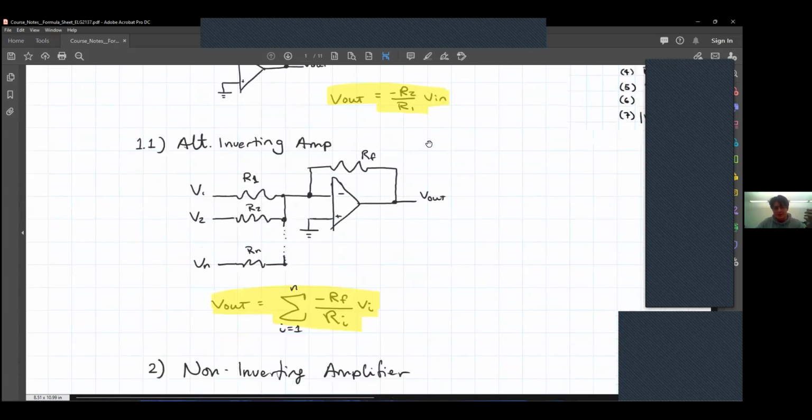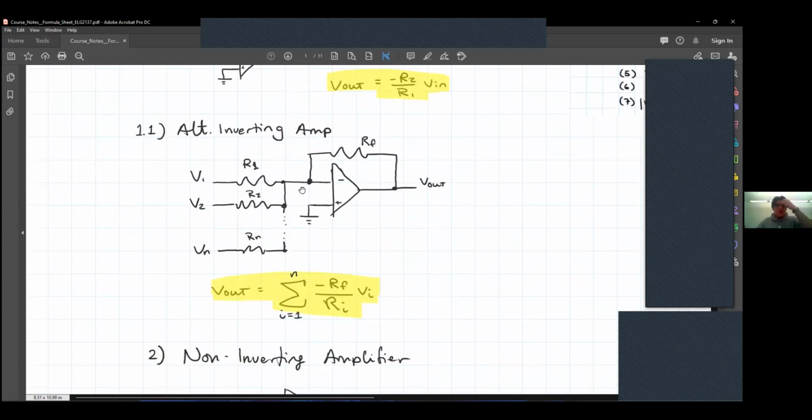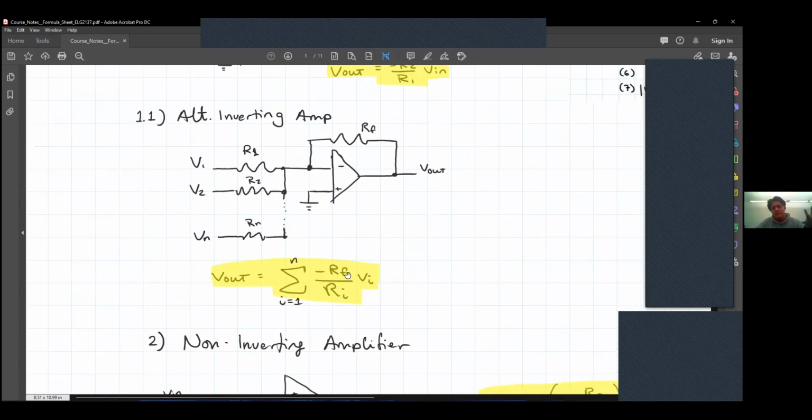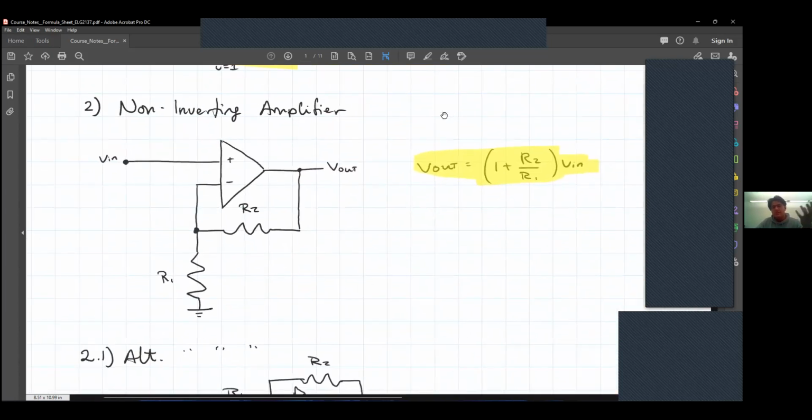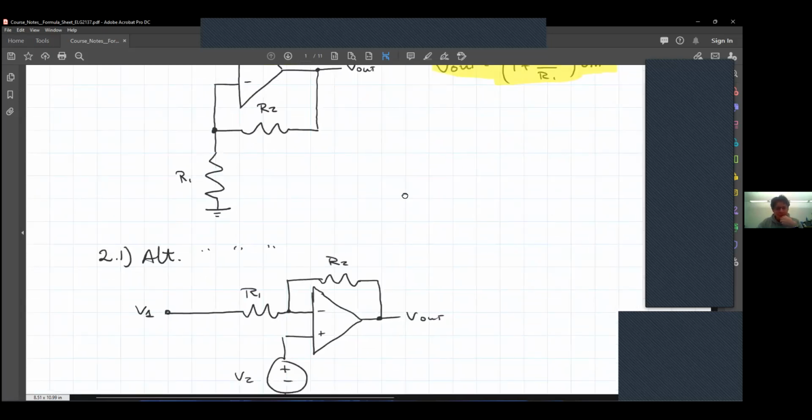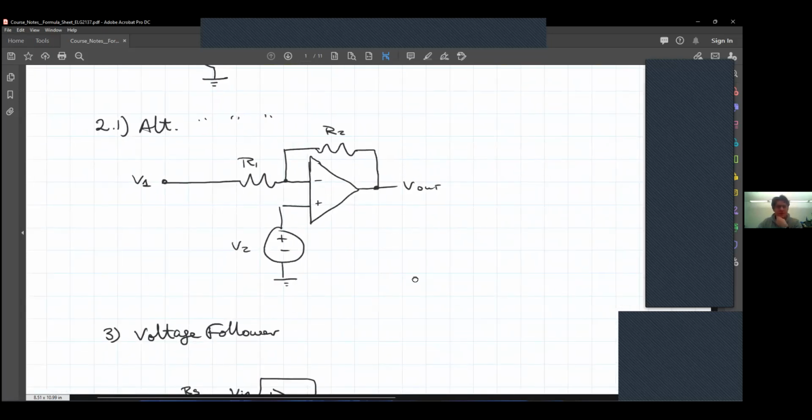You can have an alternative inverting amplifier that actually sums the differences. You can have a non-inverting amplifier, which as the name suggests, gives you a positive output for positive input and vice versa, and again an alternative version of such.